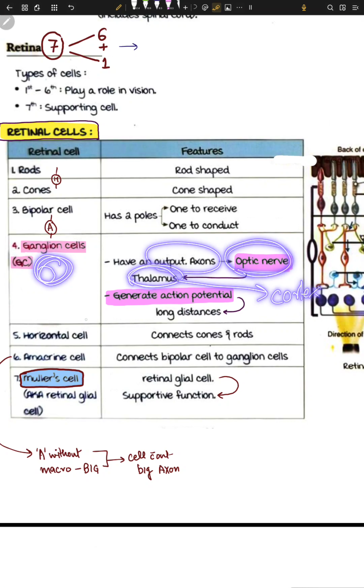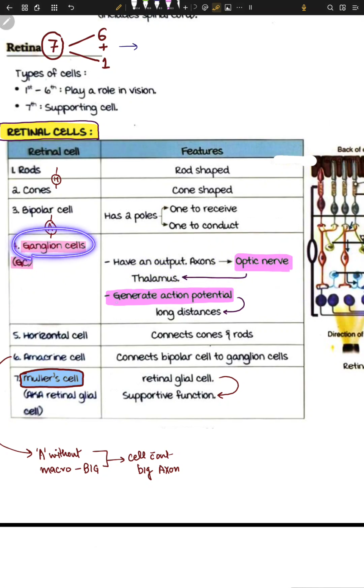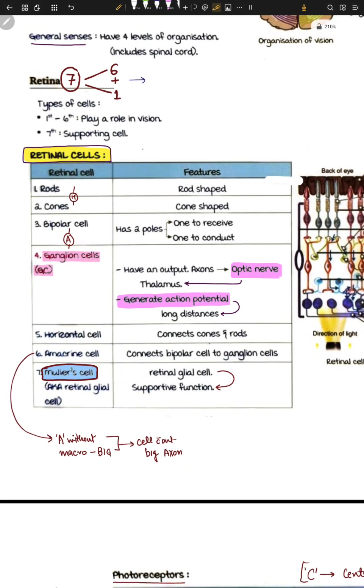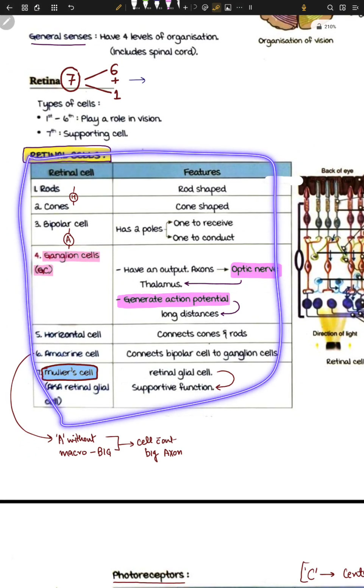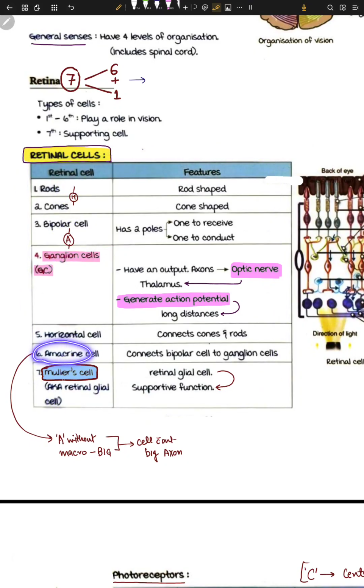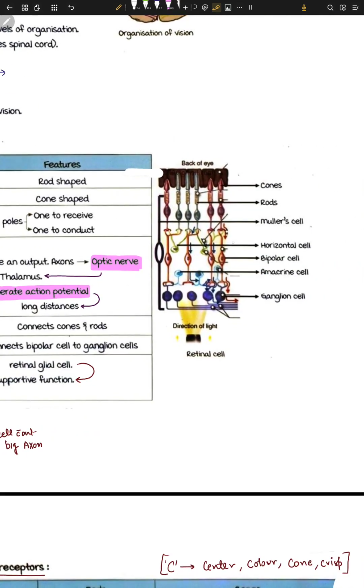And these ganglion cells are responsible for generating action potential, and then this action potential can travel long distances via axons. Okay, so we understand the basic concepts of retina cells. These are the 7 retina cells: rods, cone, bipolar, ganglion, horizontal, amacrine, and Muller. Amacrine cells have no big axon, right? That's the concept.